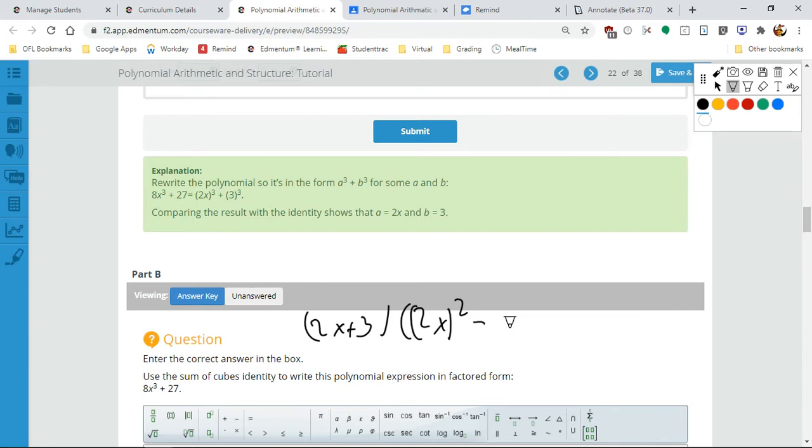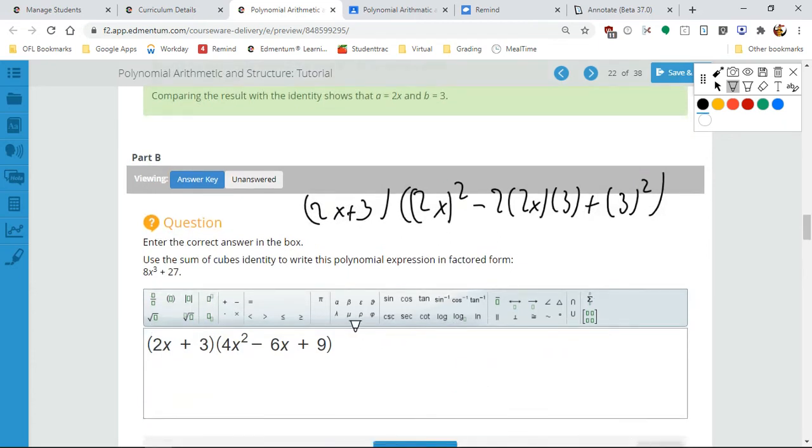This is going to end up being minus 2 times our a times our b. Now, this is really difficult, guys, so I don't blame you if you feel lost right now. This is a tough part of this, and we're going to put plus 3 squared.